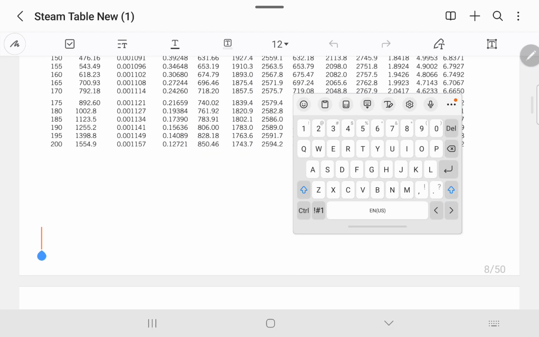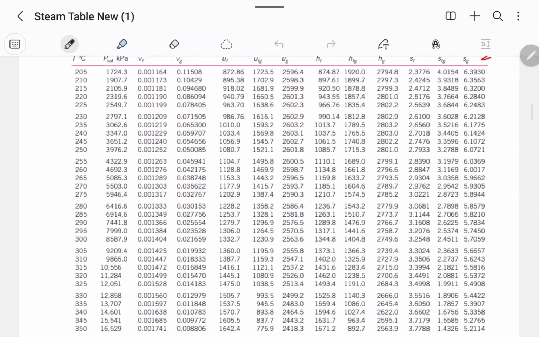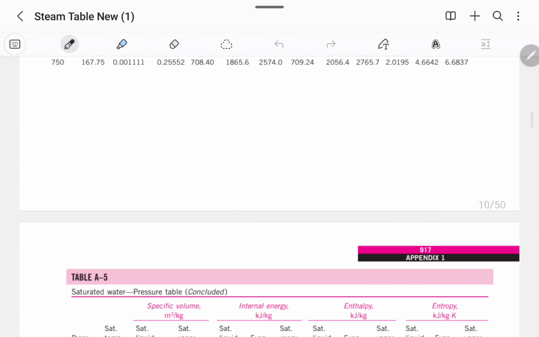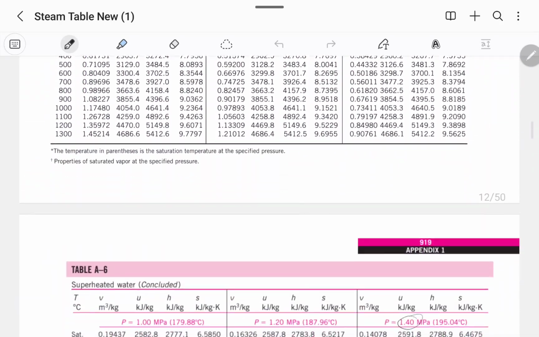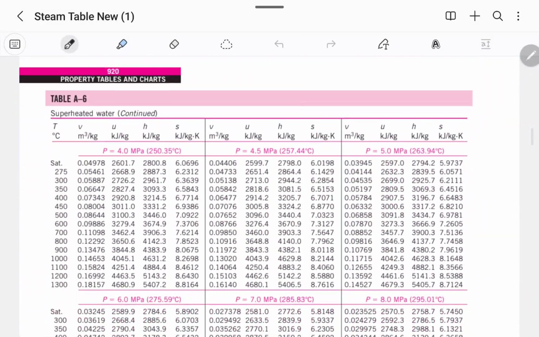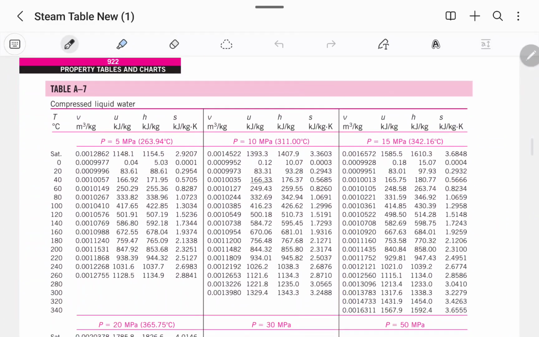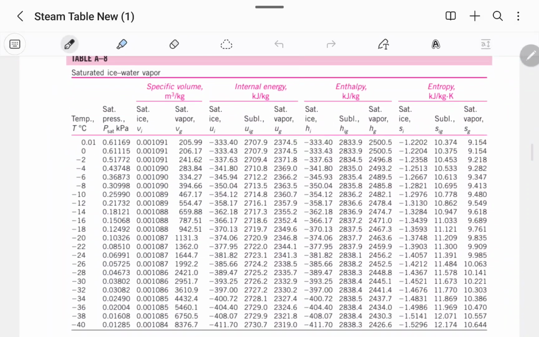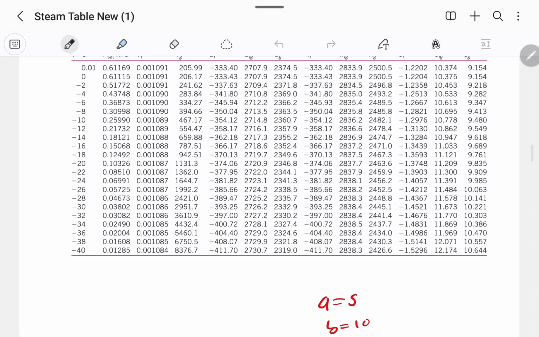Scroll around the page, we'll find it just now. Superheated water, compressed liquid, ice. Yeah, that's what we're looking for.